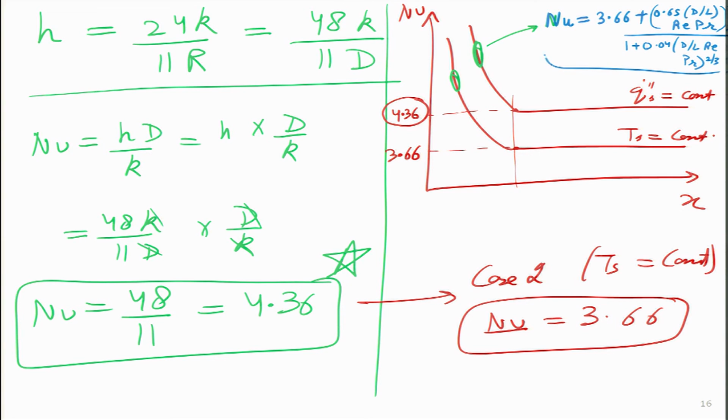So don't worry, you don't have to memorize this long part. You just have to figure out that at the very entrance region, their Nusselt value is not just 4 or 3, it is much higher.